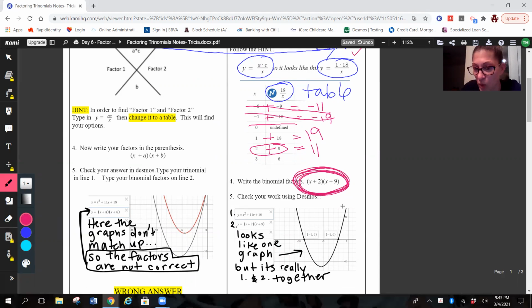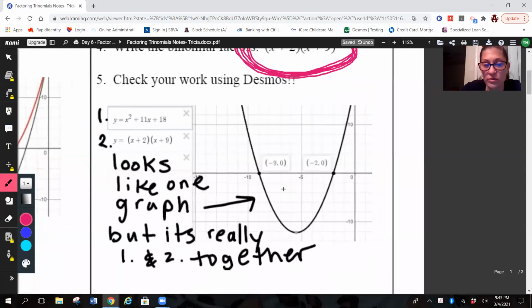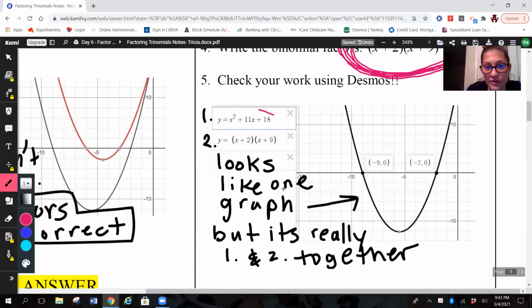To double check our work that these are the binomial factors, remember bi means 2. There's 2 terms in each of these parentheses, binomials. We just substitute in the original equation. This was the original equation, and I use the y equals. Substitute in now your answers, your 2 binomial factors.